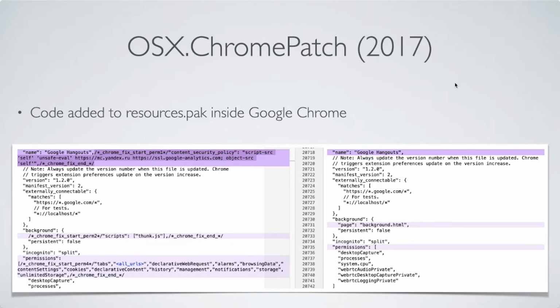On the left is the modified copy that was changed by ChromePatch, and you can see that it set a new content security policy. Then if you look down at the background, it changed the background from an HTML page called background.html to a script called thunk.js. And then it also modified the permissions to give the script additional permissions that it wouldn't have had before.